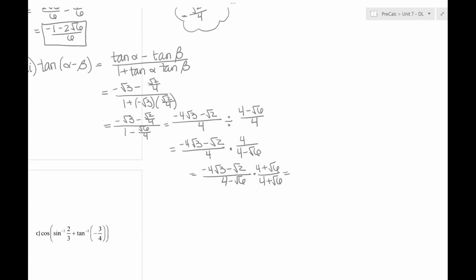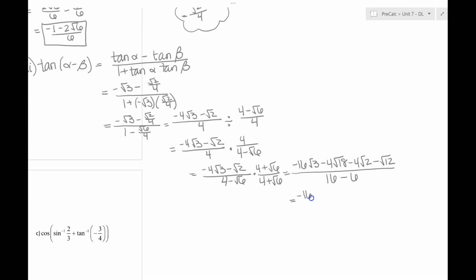Okay, if we FOIL in the numerator, we get negative 16 rad 3 minus 4 rad 18 minus 4 rad 2 minus rad 12 all over 16 minus 6. Whew. Okay, so we have a few things to simplify.